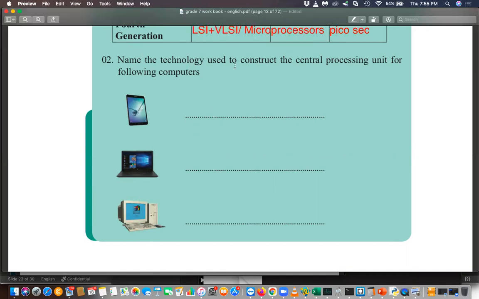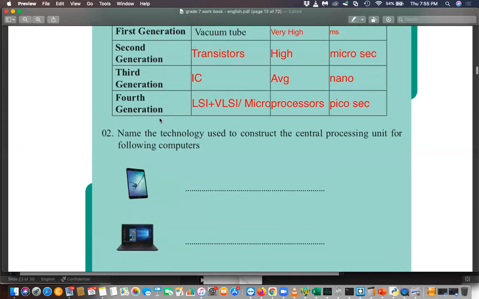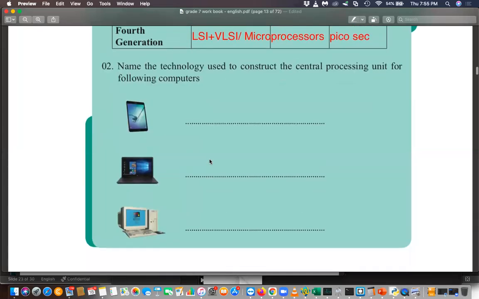Yes or no? Come on. No. Right, okay, only one or two are answering. Others, you have to answer. So what is the technology then? Is it ICs or transistors or microprocessors?